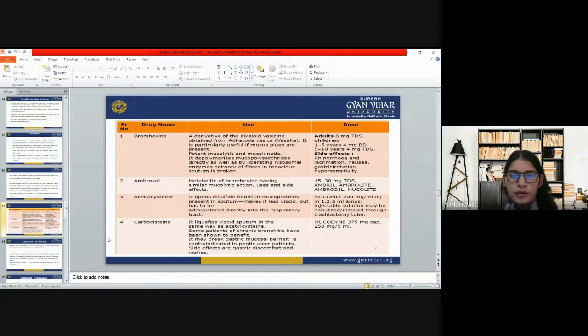So we also have another drug, ambroxol, a metabolite of bromhexine, having similar mucolytic action, use and side effects. The dosing is different. We can use it at 15 to 30 mg TDS, and Ambrolite is the brand of this drug. So you can see it clearly.